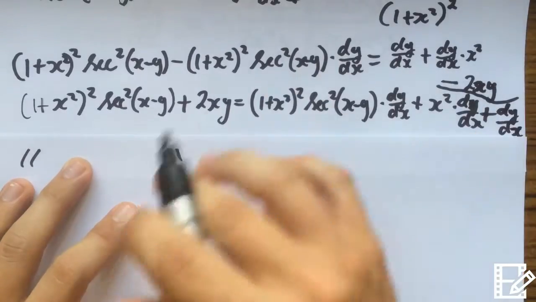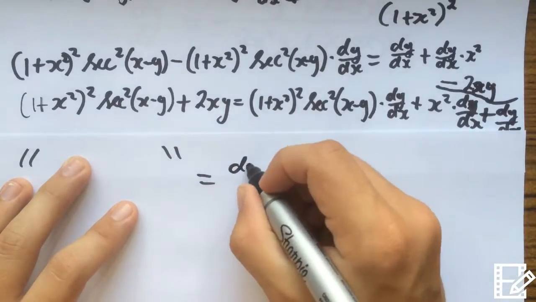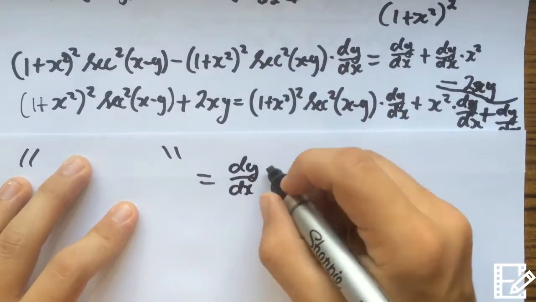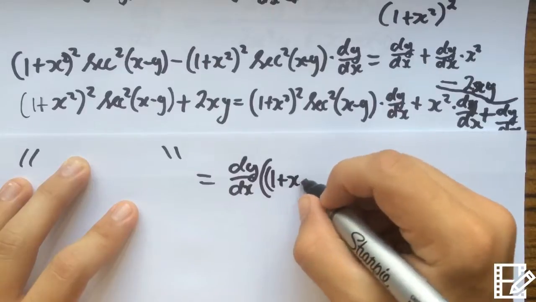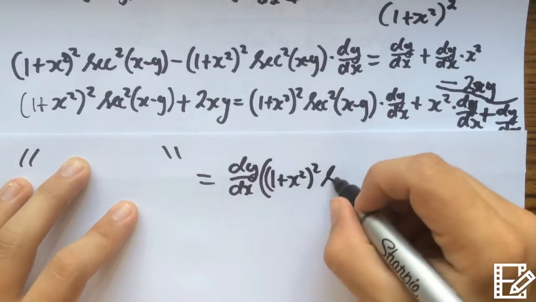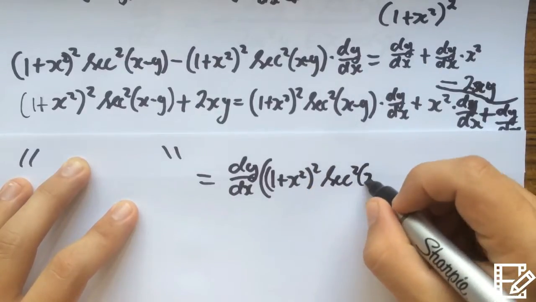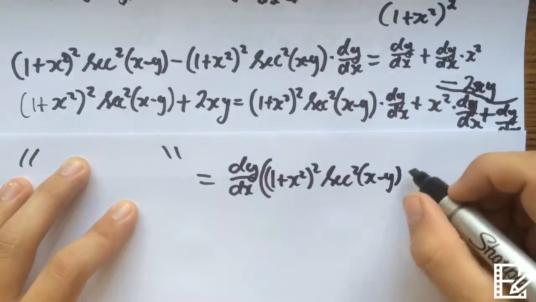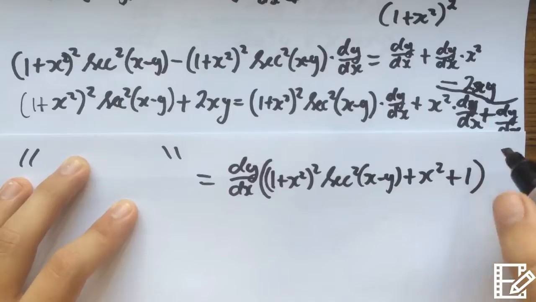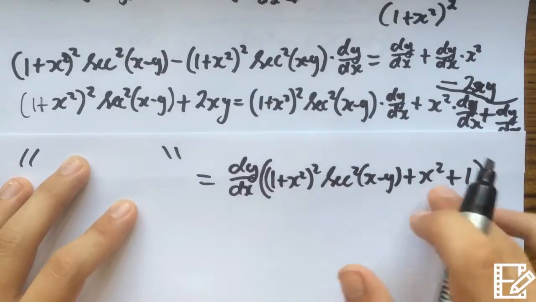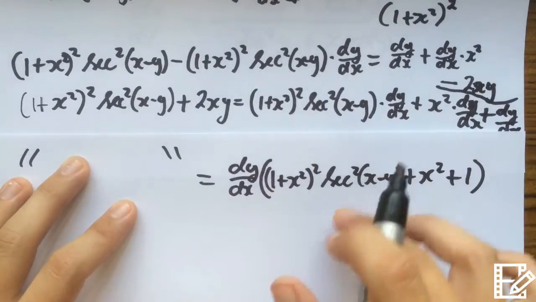So what we're going to do is factor all that out. And we're going to have dy dx on its own, and then inside we'll have (1 plus x squared) squared sec squared x minus y, plus x squared, plus 1. So therefore, if we expanded these brackets, we would get this mess.